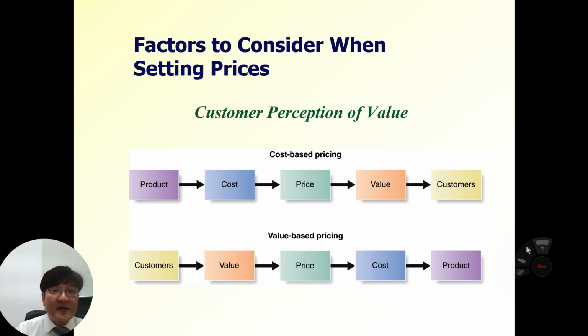So small companies can do cost-based pricing, and there are some areas where cost-based pricing is very useful, because it is based on strict calculation, the cost and what our margin is, and they can explain it.